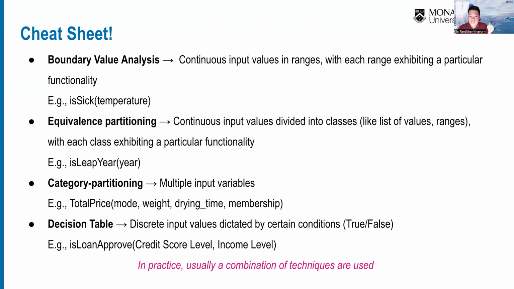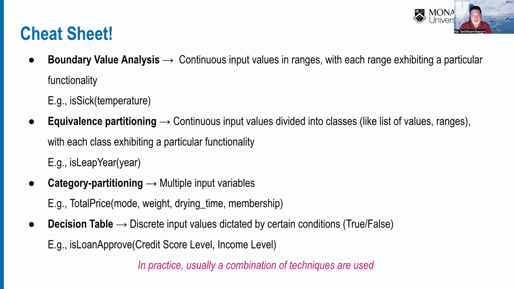It depends on the electricity, maybe some discount for the premium user, premium client, right? So when you have multiple input variables and lots of conditions, you really want to come up with the categories, and then consider all of the possible category combinations, and then you apply the boundary value analysis, pick the boundary test, and come up with the test input on the boundary value.